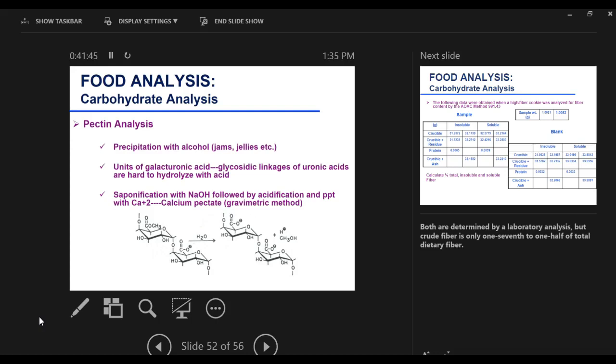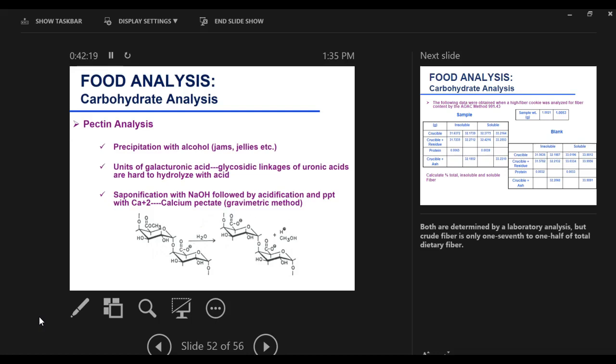Okay, so if I have foods that are mainly composed of sugars and water and pectins, and I want to determine the amount of pectin in there, the way I do that is, first of all, I solubilize and precipitate my pectin, and then from there I can saponify by NaOH, so I can break the ester bonds in my galacturonic acid, so these are the methoxy groups here.